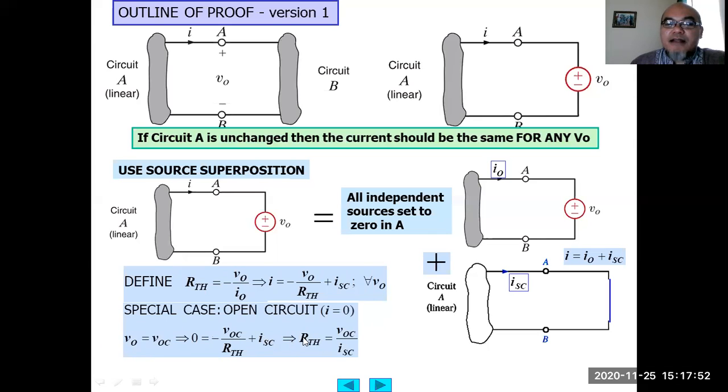So RTH, the Thevenin resistance, can be calculated as the open circuit voltage divided by I short circuit. Open circuit voltage is when this is cut out, so it is just floating, divided by the current when it is short circuited.